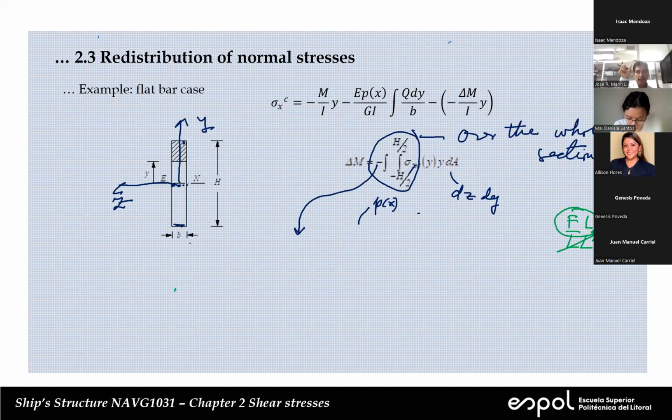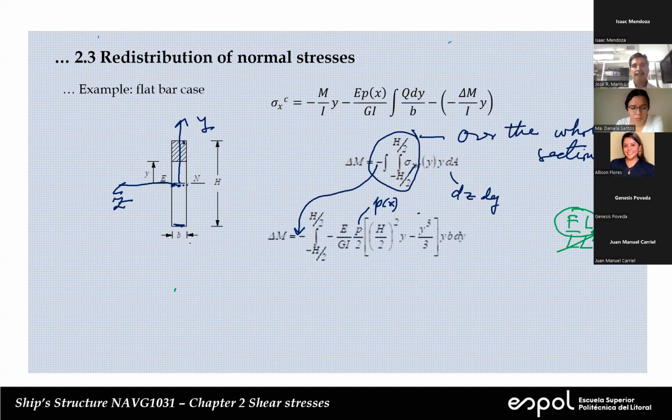If we take something which is not very thin, then this assumption is not applicable, and we will have to think about how to assume the variation of the stress in the thickness. Not in our case, not in this course.